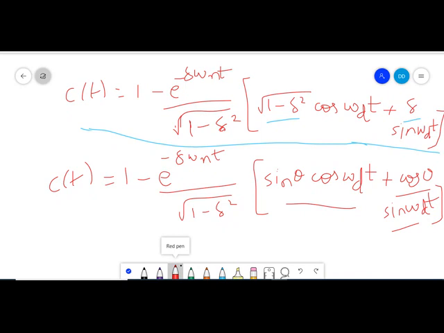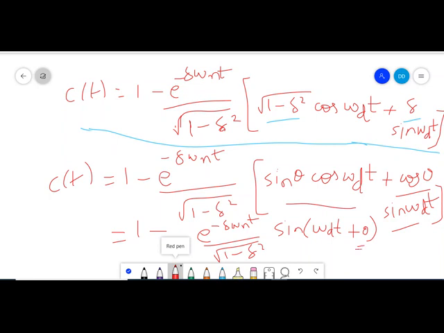So this is of the form sin A cos B plus cos A sin B. So we can rewrite this as 1 minus e to the power minus delta omega n t divided by root 1 minus delta square into sin of omega dt plus theta.